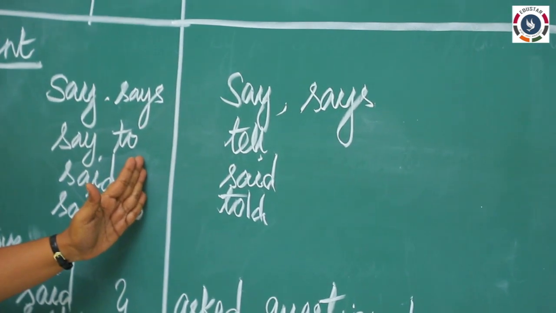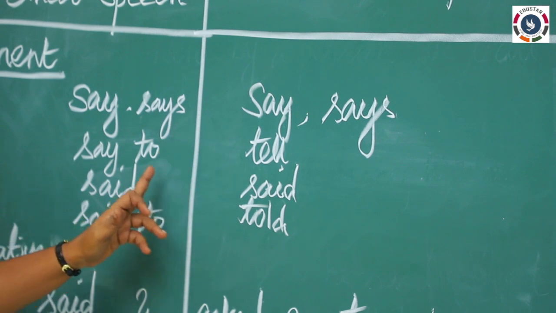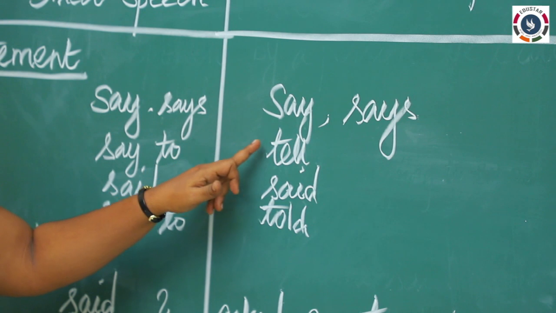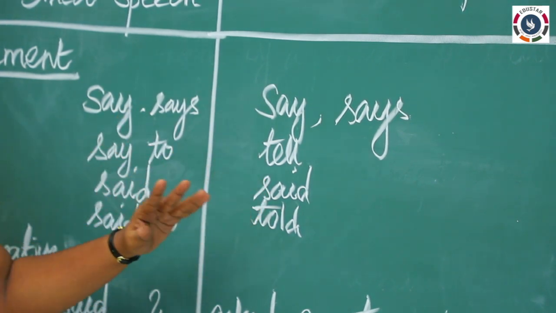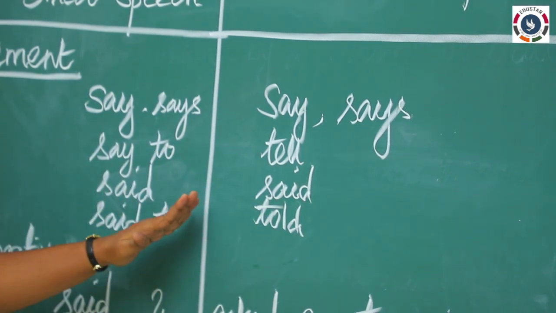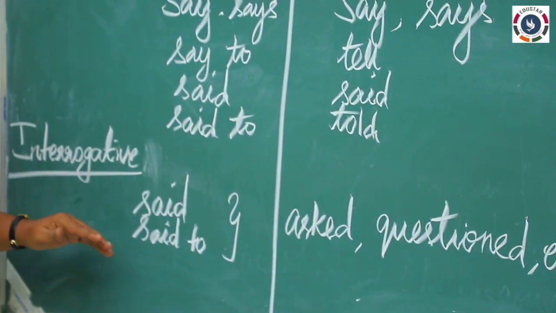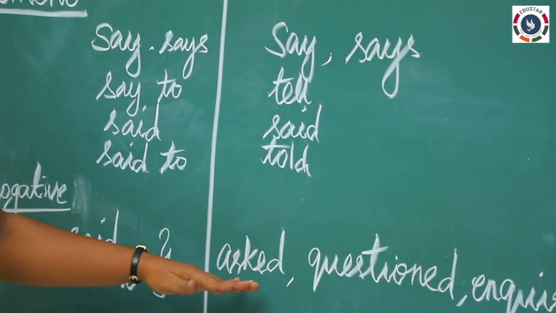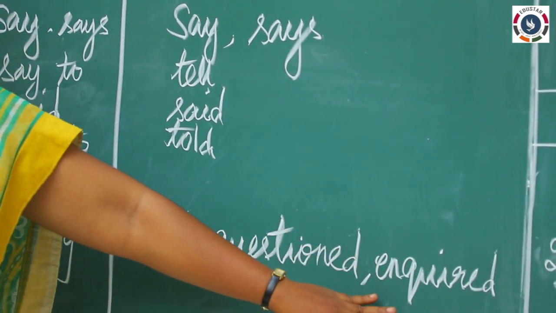Say to becomes tell. Why have we written here tell? Because after this reporting verb, if object is present, you will change this into tell. And said means as it is you will write said, and said to means told, because you may find object here. And if it is an interrogative sentence, said or said to, in indirect speech your reporting verb must be asked or questioned or inquired.